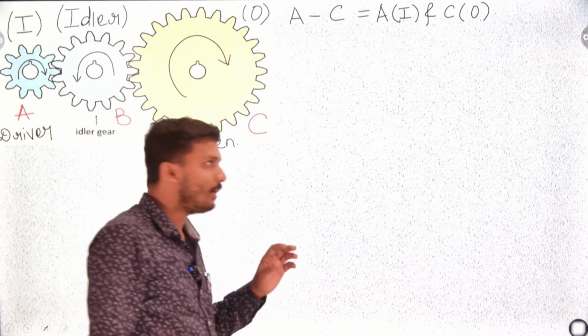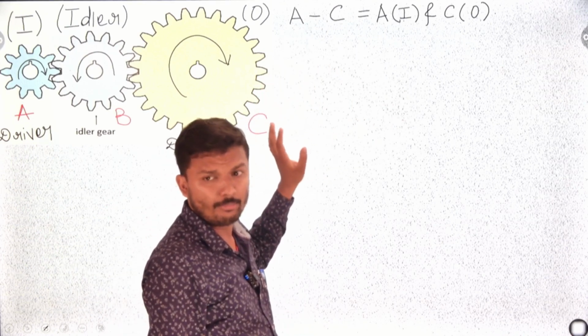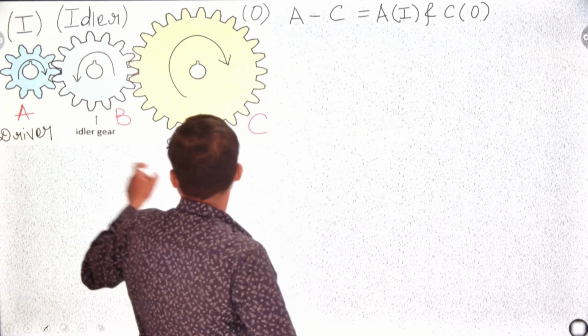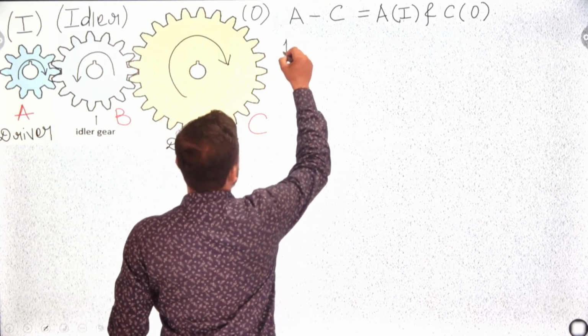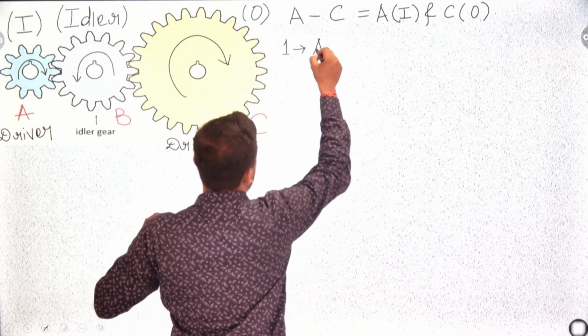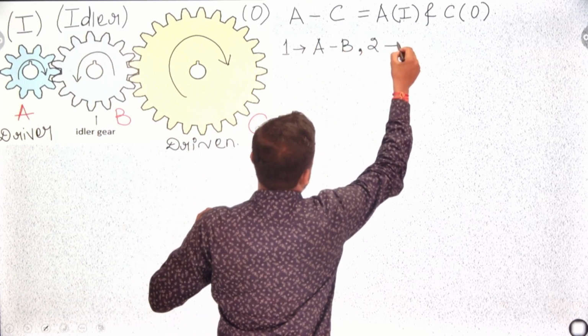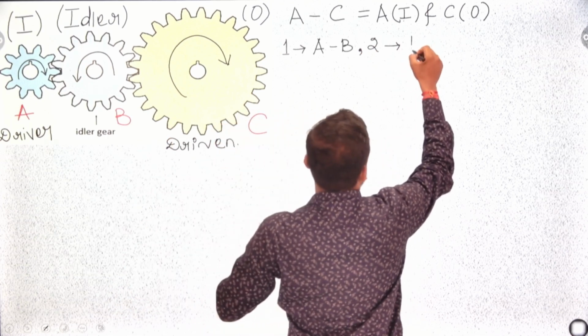Now to get AC, the same thing will repeat. First we have to take the AB condition, and in the second case the BC condition.